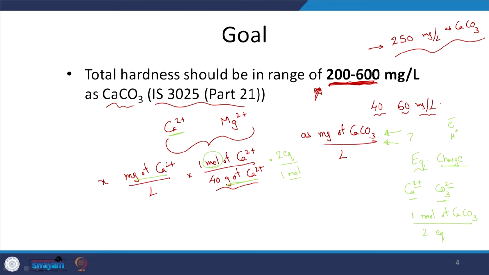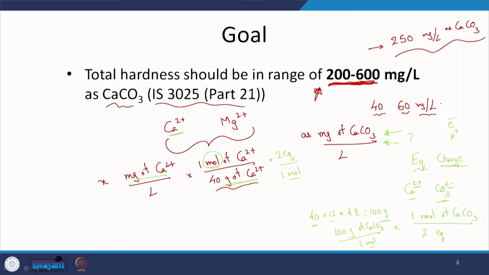Here we are talking about the charge. Looking at CaCO3, 40 for calcium plus 12 for carbon and 16 into 3, 48. So, I guess that is 100 grams, that is the molecular weight. So, for 100 grams of CaCO3, it is 1 mole.